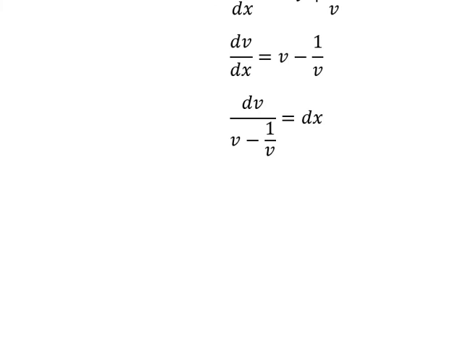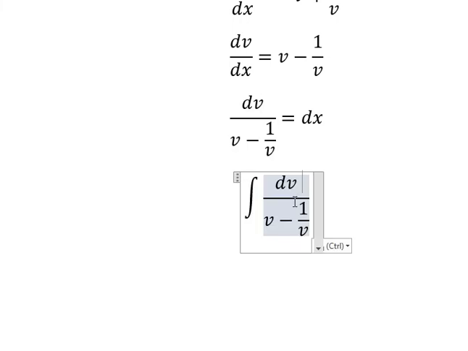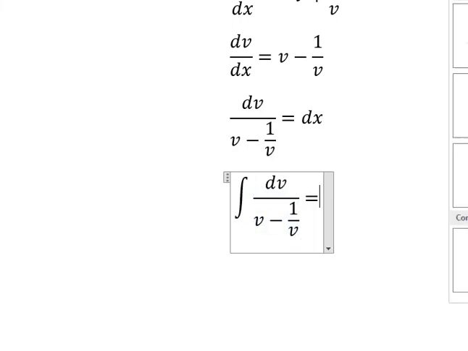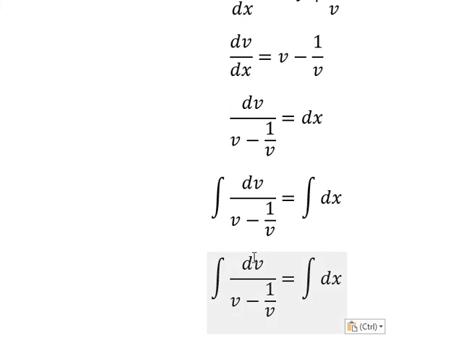Next, we put the integration for both sides. So we multiply by v on numerator and denominator.